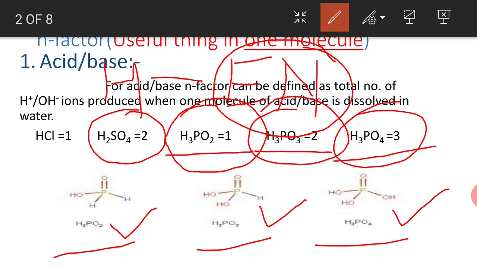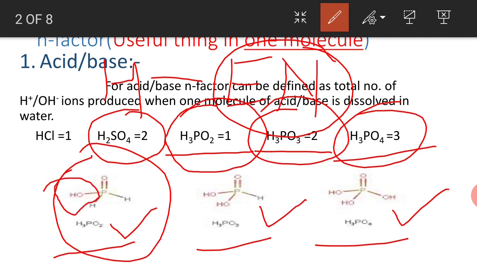Easy. First we will see H3PO2. In H3PO2 we see only one hydrogen connected with oxygen, an electronegative element. Next, in H3PO3, we see two hydrogens connected with an electronegative element.